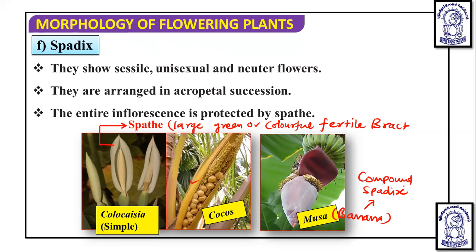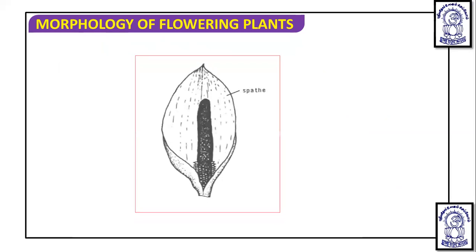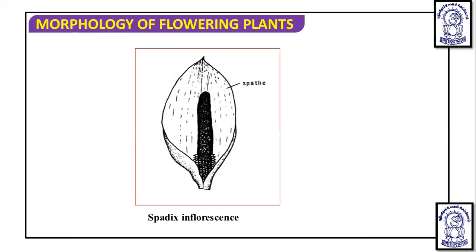Now it is covered by a spathe, but on the peduncle, how the flowers are arranged, that we need to understand. To understand this, this diagram will help us, which is showing a spreading inflorescence. See, this is a large fertile bract that is known as spathe, and this is a peduncle. And on this peduncle, you will see the arrangement of flowers. Towards the base, the female flowers are arranged.